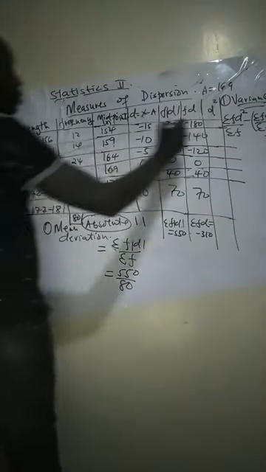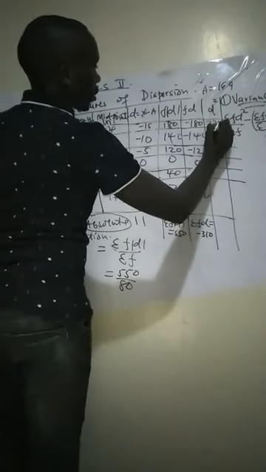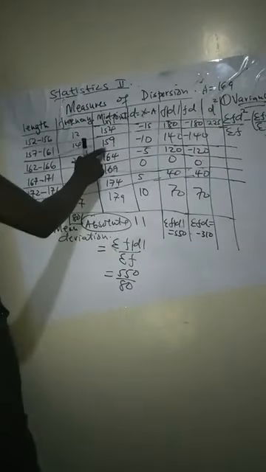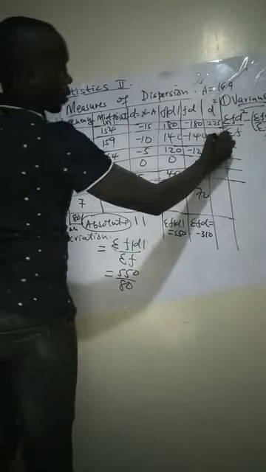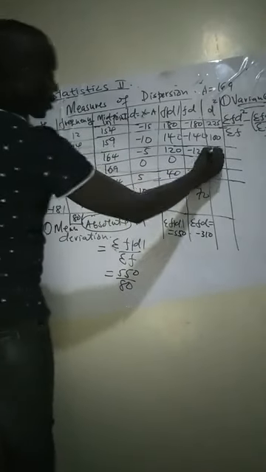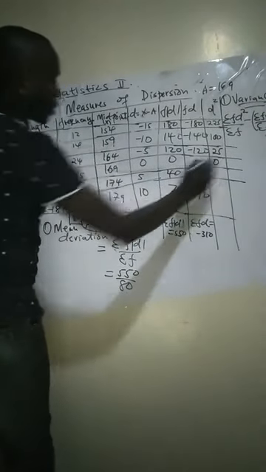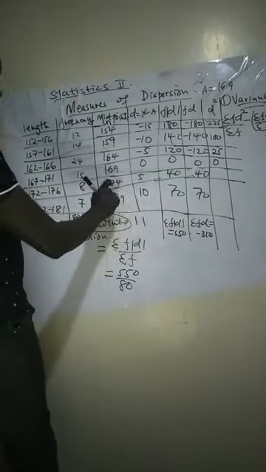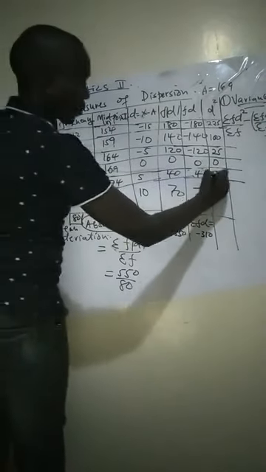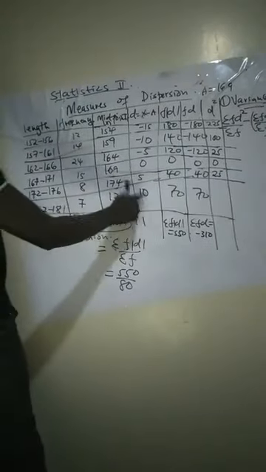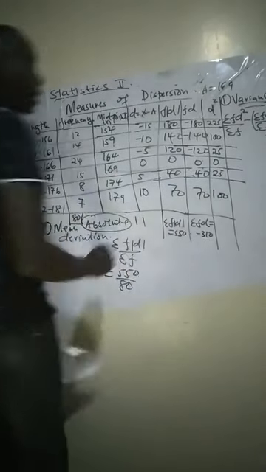That should be 15 squared, that is 225. Then the next one is negative 10, that is 100. This is 25. This is still 0. This is 25. And we have 10, which is 100.